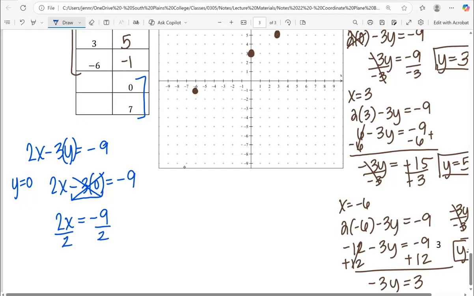Divide by 2, divide by 2. X equals negative, well, if we're not sure what that is, 9 divided by 2. 2 goes into 9 4 times, using 8 in the process. 1 left over, so bring in a decimal and bring down your 0. 2 goes into 10 5 times, leaving me negative 4.5 in that x spot.